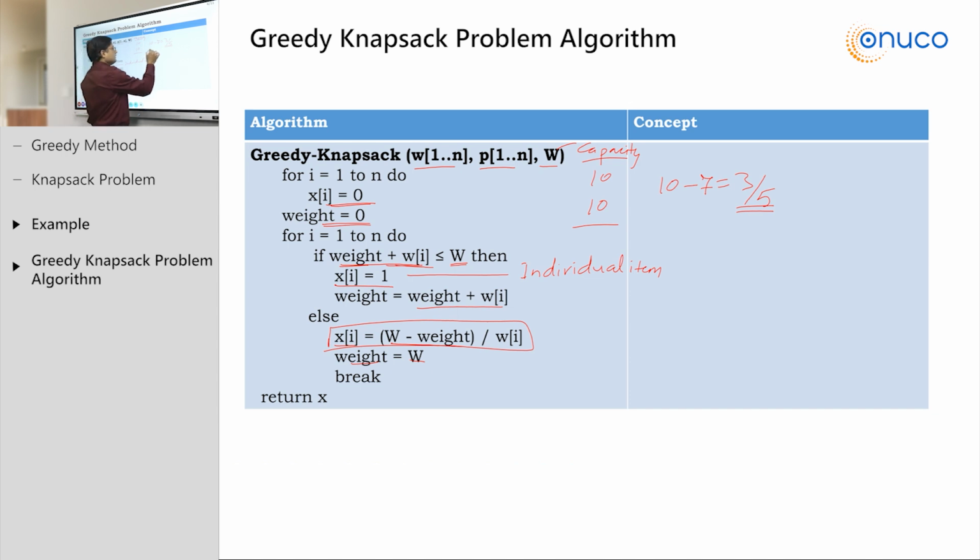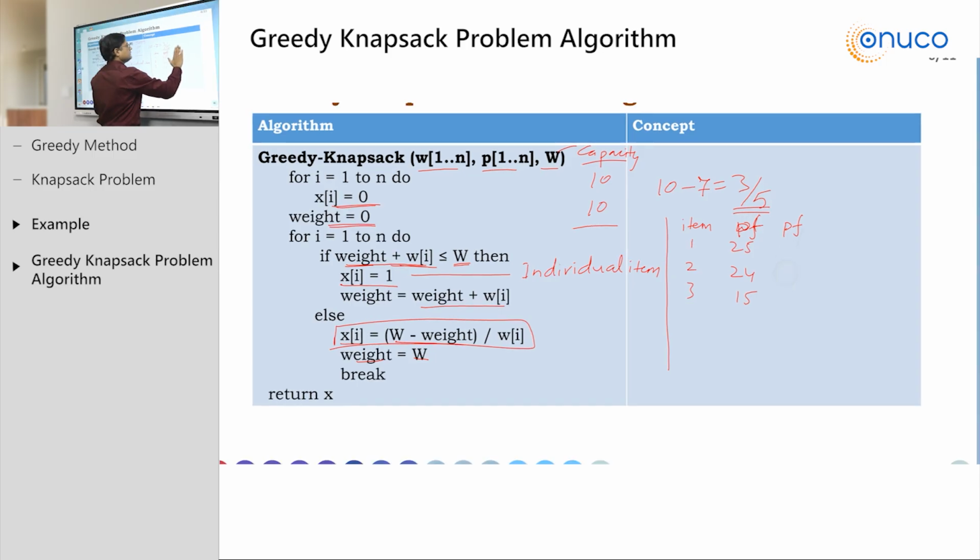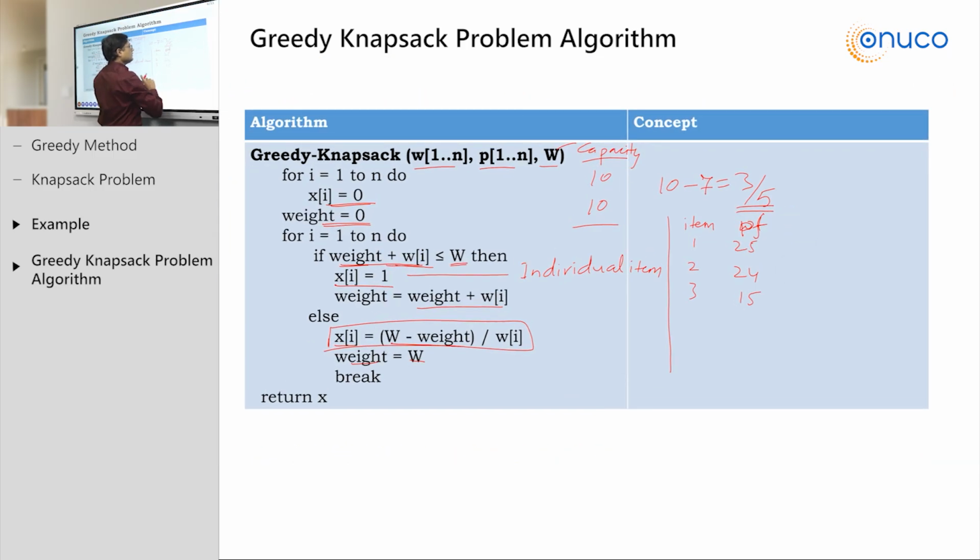So, say a second example. Here we have item, weight and profit. Say we have first item, second item, third item, with profits 25, 24, 15. Take this as profit, friend, and this as weight, because I am discussing as per your textbook.